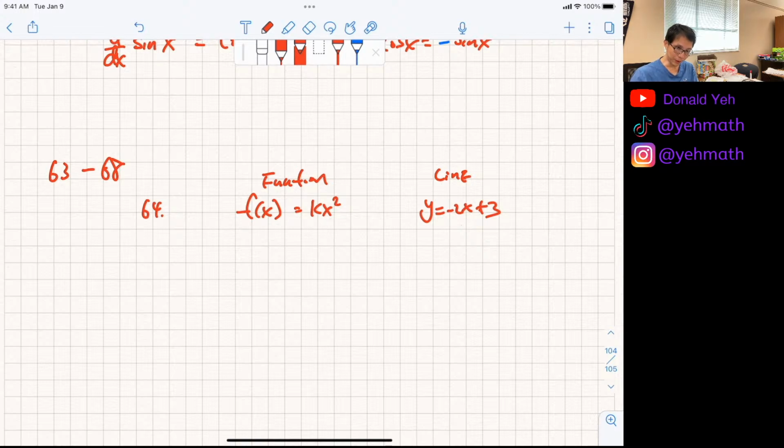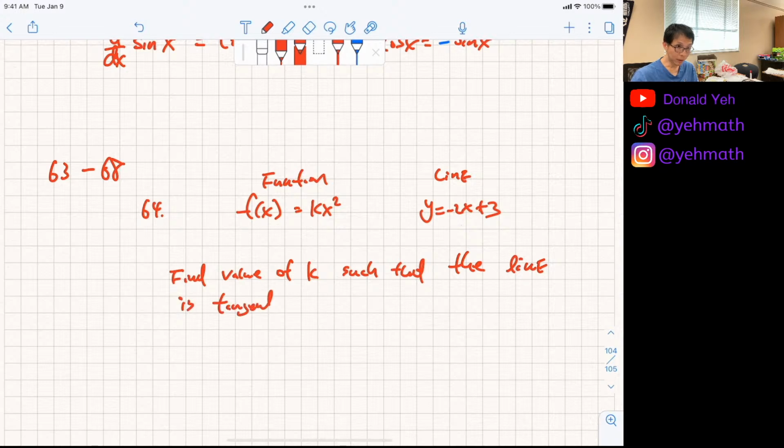And the goal of this question is that I want you to find a value of k such that the line, which is the one on the right hand side, is tangent to the graph of the function.